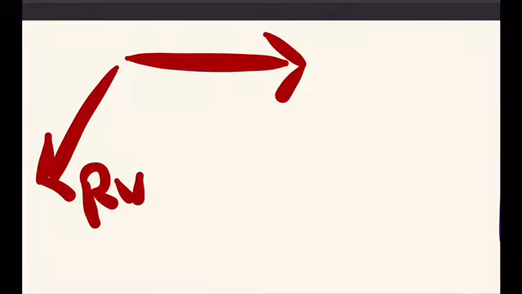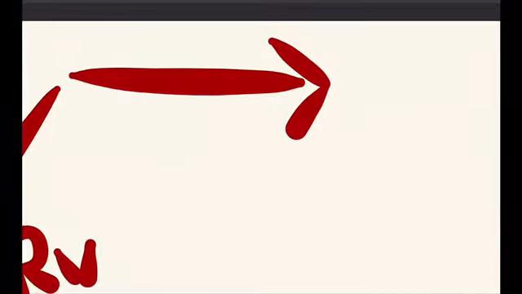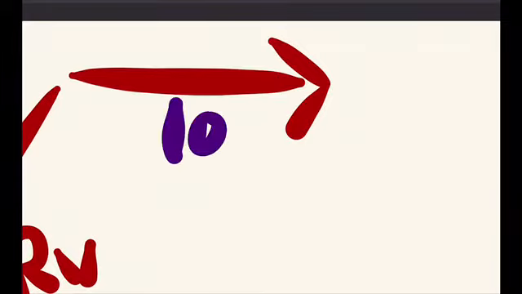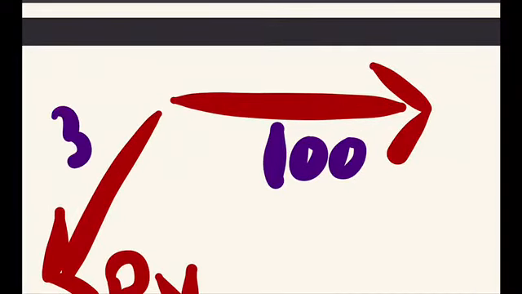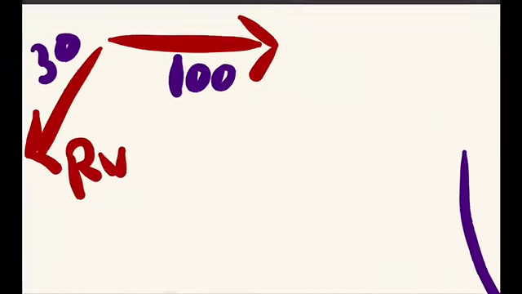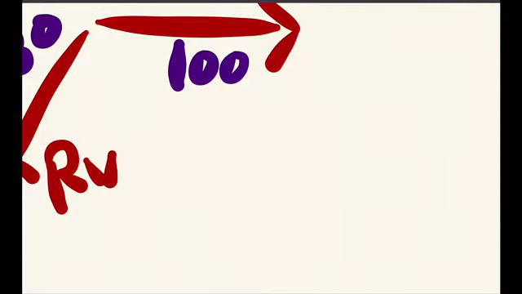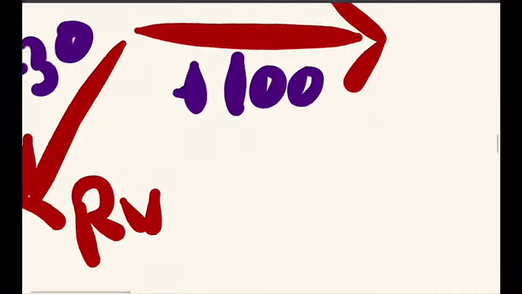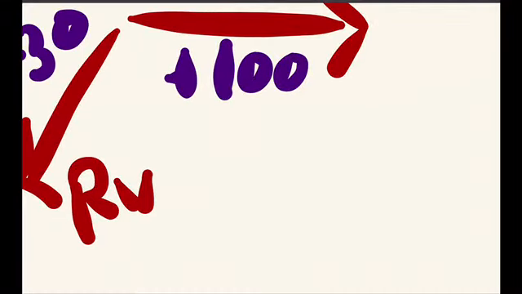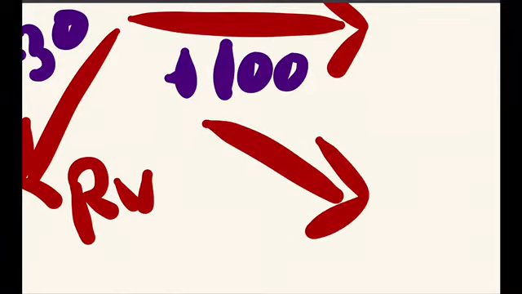Hypothetically, if I assign some values to them, suppose this one has a value of 100 and this one has a value of 30. One is positive, the other is negative, so the resultant vector is positive 70 normally.